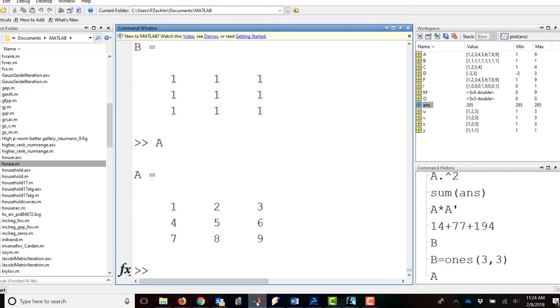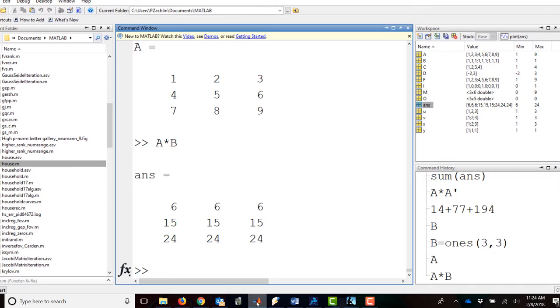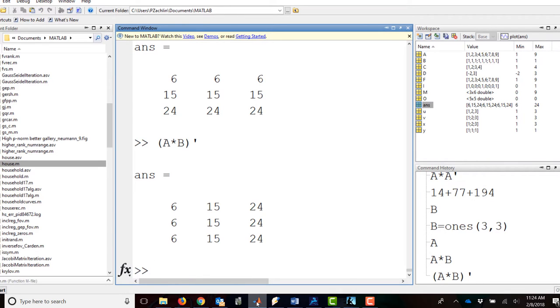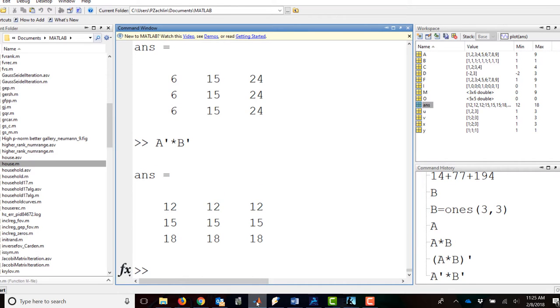Oh, I want to try A times B, that guy. Oh, but what I really want is A times B transpose, that guy, right? And so the question is, is that equivalent to, what are we saying that equals? A transpose times B transpose. Negative. Not the same.